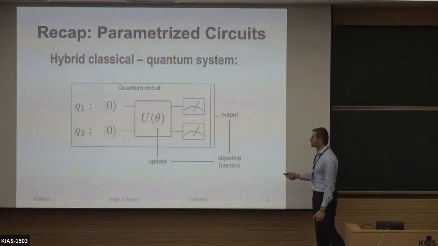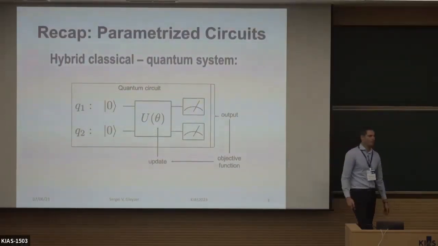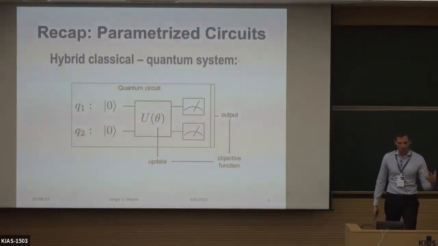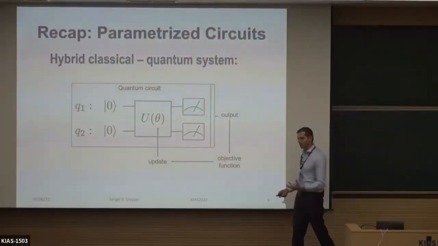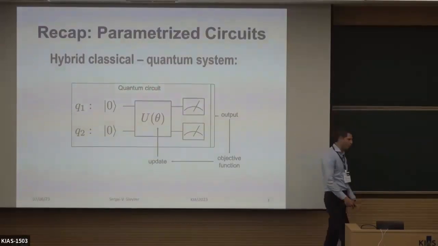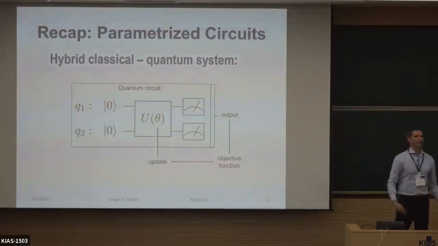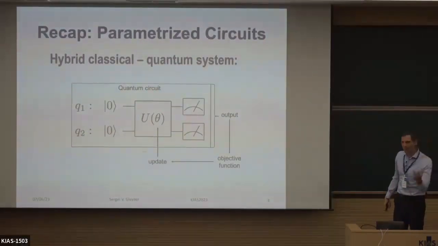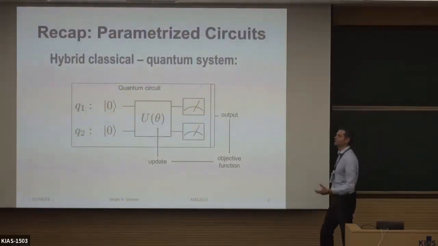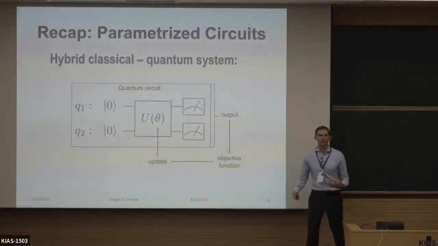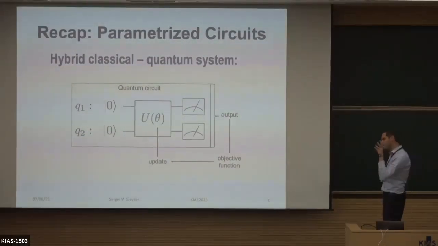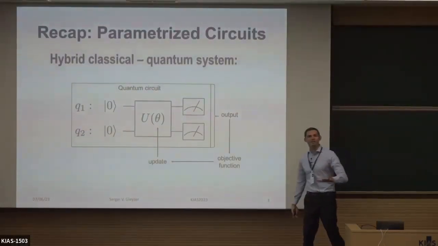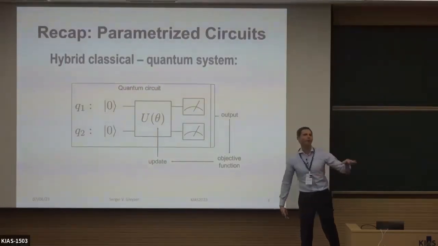Of course, the difficult part becomes, just as when you are dealing with classical neural networks, how do you know what's the right circuit for your problem? And there's some sort of ansatz you have to make. And that's something we'll come back to a little bit later in the lecture. It's very much an open area of research. In fact, multiple things I'll mention today are going to be very much open areas of research.